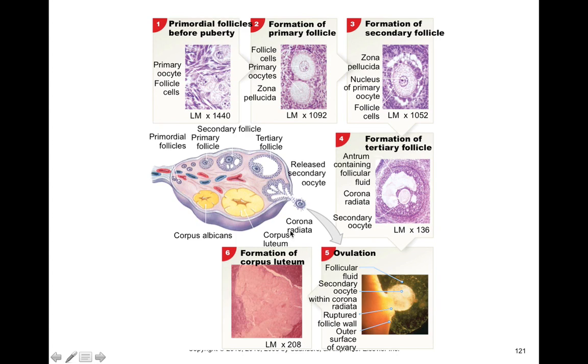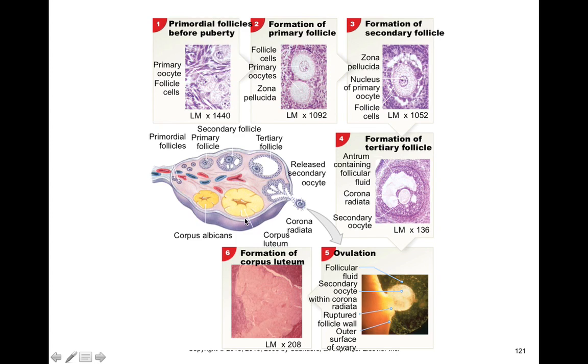Now, what's interesting is that the follicular cells that get left behind after ovulation change into a type of cell called corpus luteum. All of these follicular cells left behind after ovulation form the corpus luteum, which means yellow body.